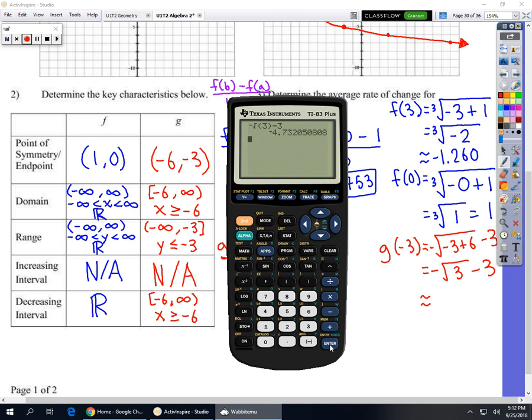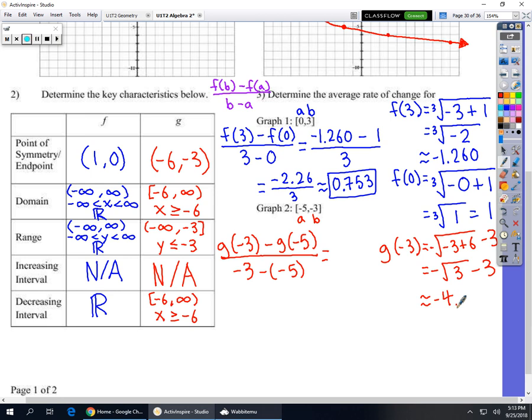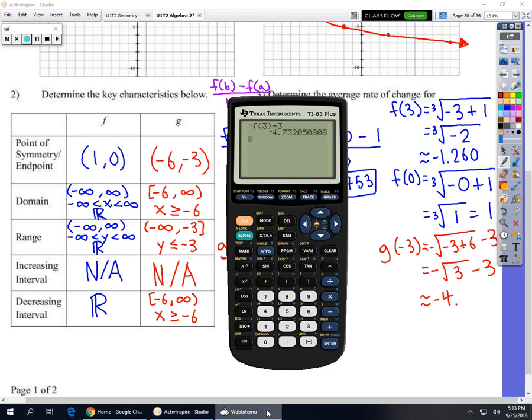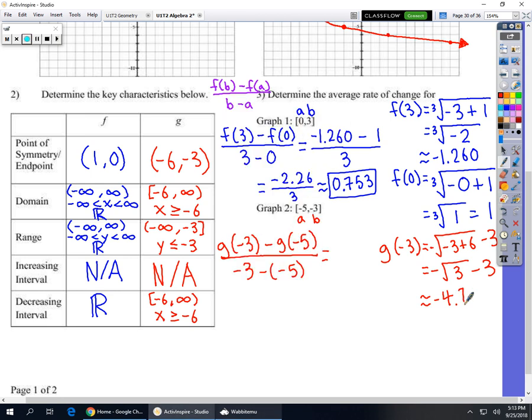So that's negative 4.732. So you got negative 3, negative square root of 3 minus 3. That is negative 4.732.